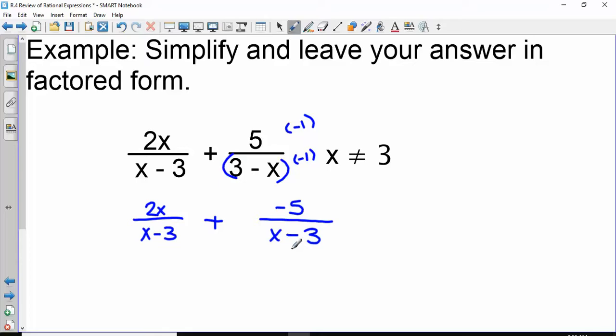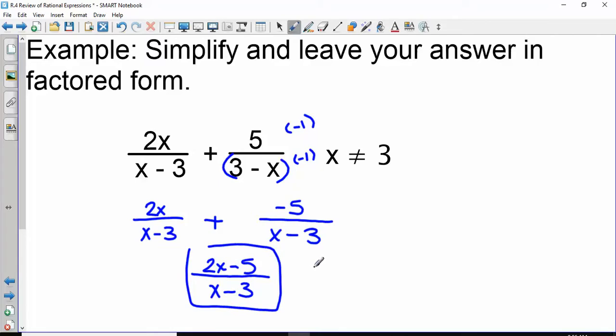Is that one okay? So now if I put these together, are 2x and negative 5 like terms? No. So we just have 2x minus 5 or plus negative 5 over the x minus 3.